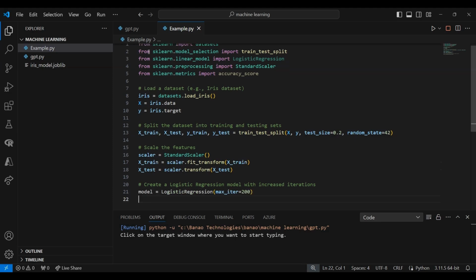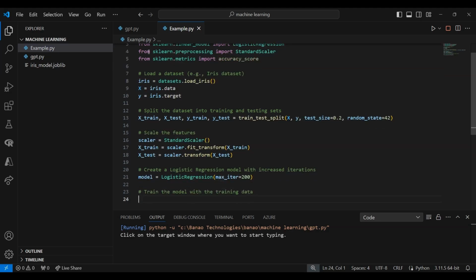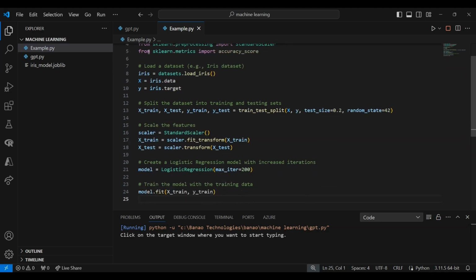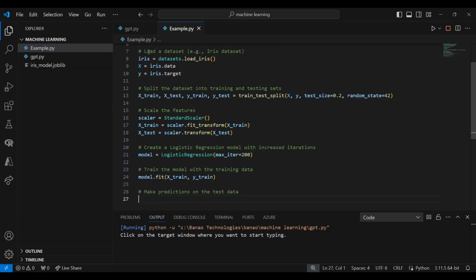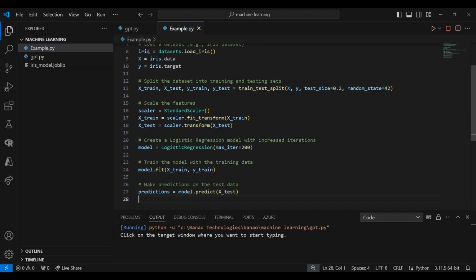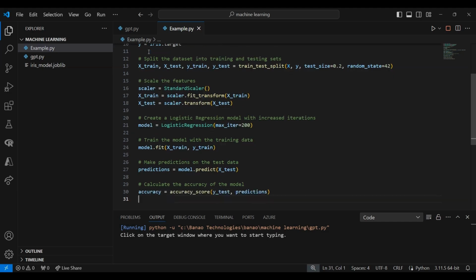Subsequently, a logistic regression model, a popular linear classification algorithm, is instantiated. Proceeding, the model is trained on the training set using the fit function, where it learns to discern patterns and relationships between the features and labels. Upon training completion, the model is ready to infer on unseen data. By using the trained model to predict flower species for the test data, the code calculates the model's accuracy on this new data.